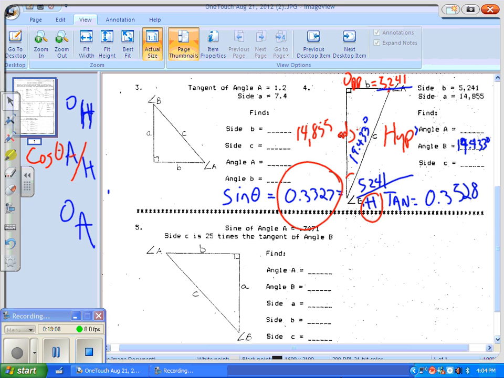So 1565.9. Now let's take our other angle: 90 minus 19.433 is 70.567. And we could probably just stop at 70.5 degrees.